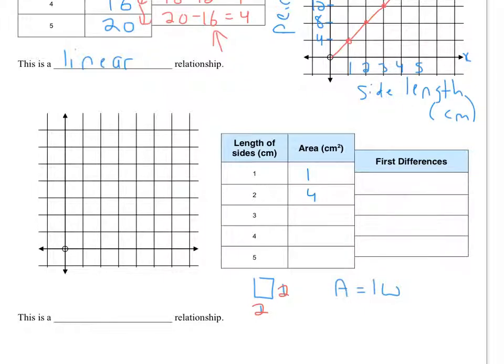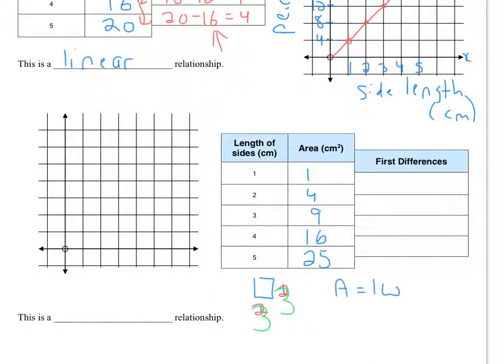And then when the side length is 3, to get the area, we do 3 times 3, which is 9. And then when the side length is 4, 4 times 4 is 16. And when it's 5, 5 times 5 is 25. So the y values are how the area changes as the side length increases by 1.